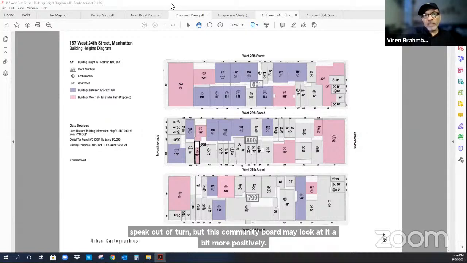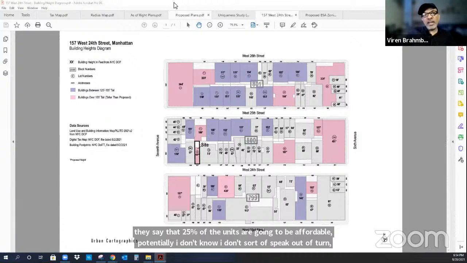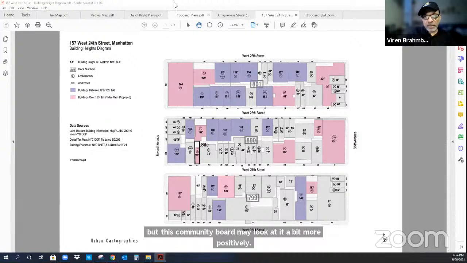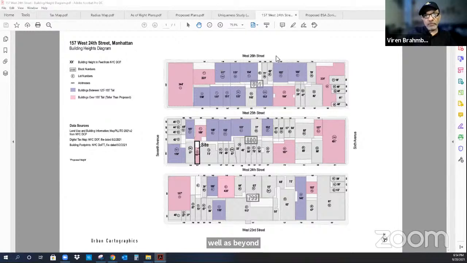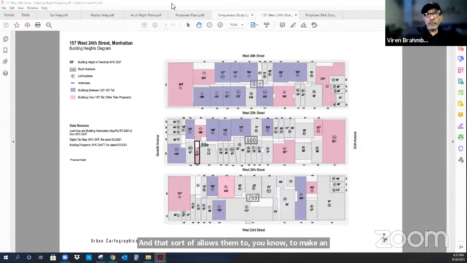The second thing is the qualifying first floor. More often than not, if you have affordable housing and a qualifying first floor, which might have community space or some such amenity, both for the building as well as beyond, that could be looked at very positively as well. And that allows them to make an argument for extra height as well. So these are the two suggestions I would make.